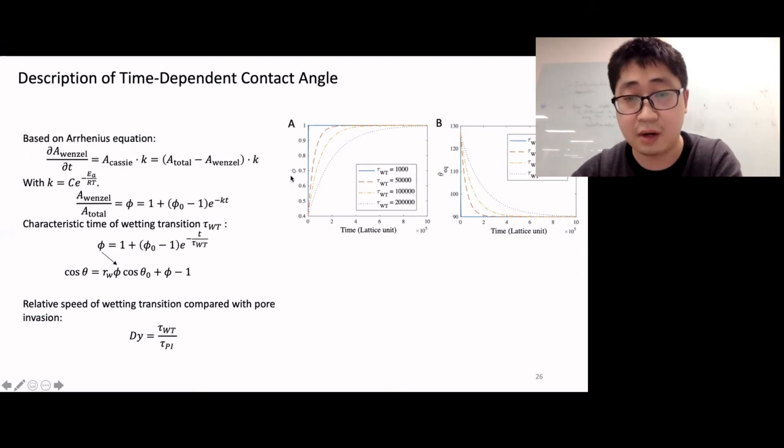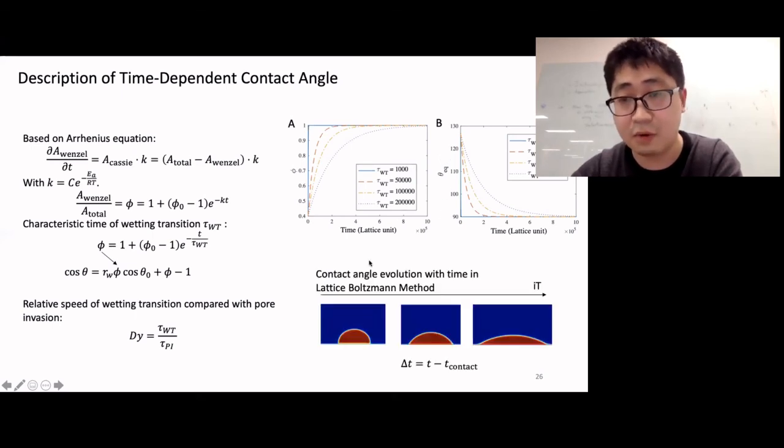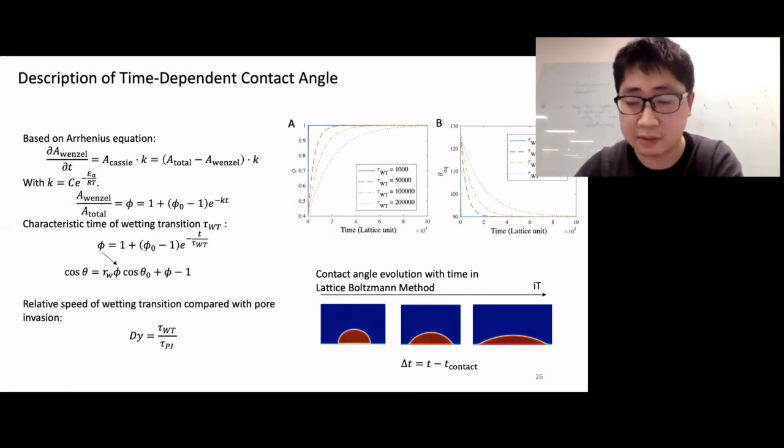Here is how the phi value changes as a function of time, and also how the apparent contact angle changes with time. This model can be incorporated into the lattice Boltzmann method, where the contact angle will be a function of time. So the longer it contacts the surface, the smaller the contact angle is.